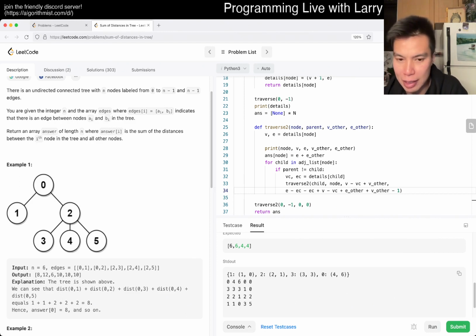We have 3 nodes on the child as well, so each of those are 1 closer, so that means it is minus EC minus, so 6, wait, I'm just struggling hard.